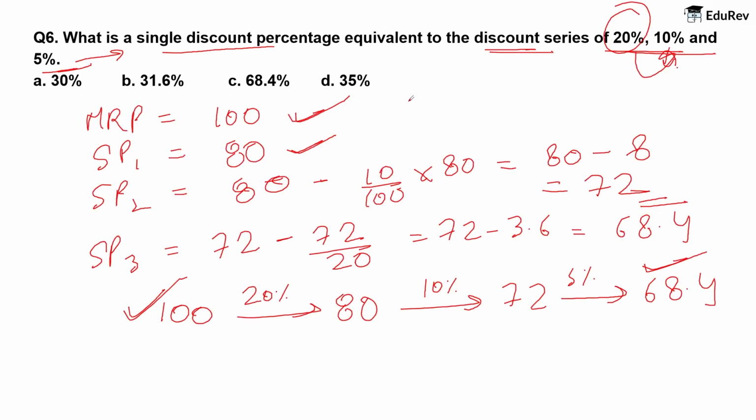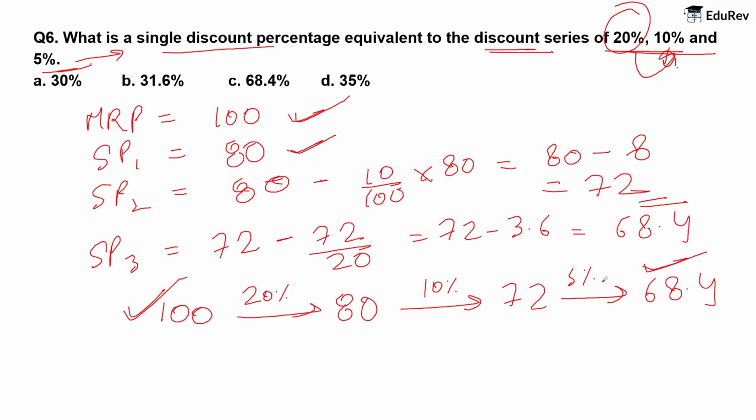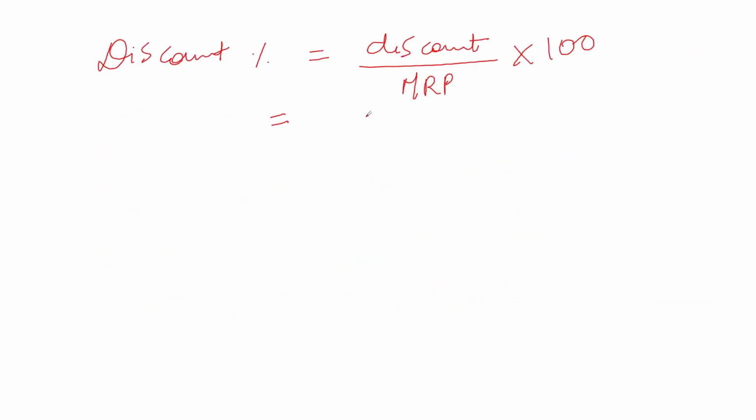So discount percentage is nothing but discount upon, because you know discount is always calculated on the MRP. So in the denominator, you will have the MRP into 100. Discount is MRP minus SP upon MRP into 100.